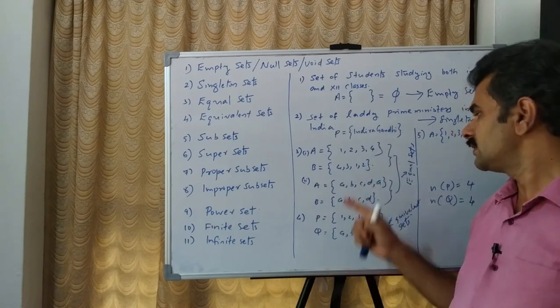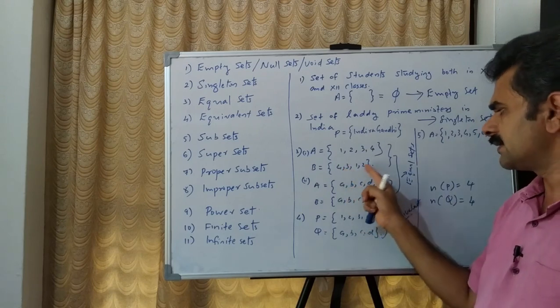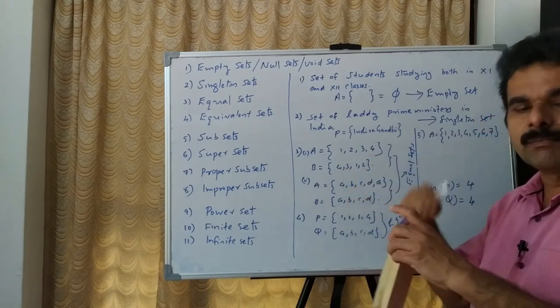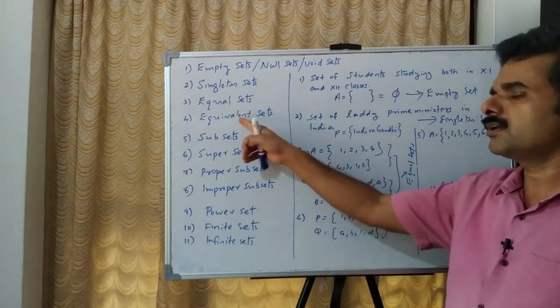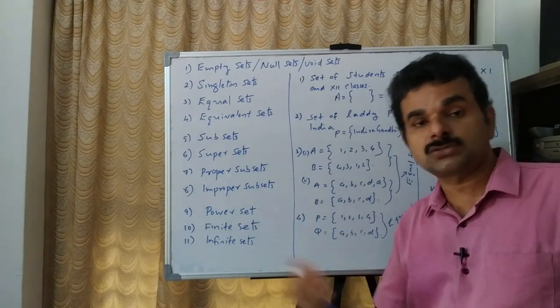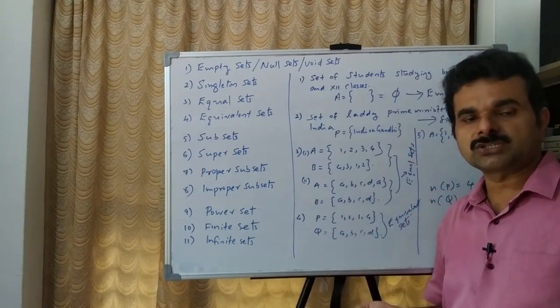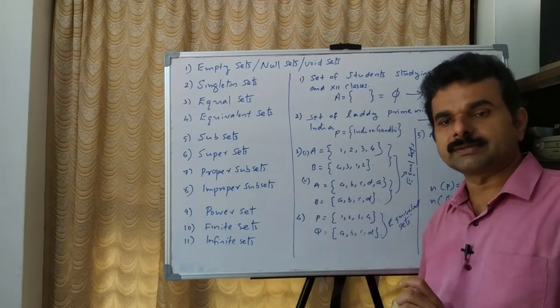Yes, because how many elements are here? 1, 2, 3, 4. How many elements are here? 1, 2, 3, 4. If the number of elements are the same, then the sets are called equivalent sets. All equal sets are equivalent sets too, because the number of elements are the same.